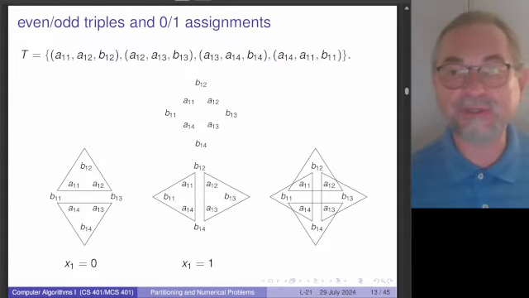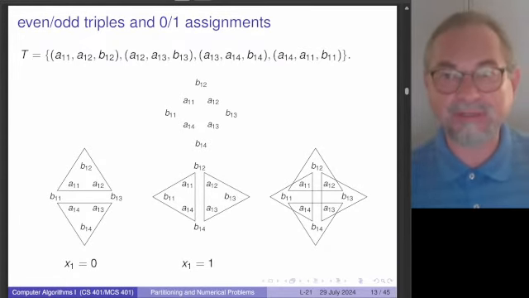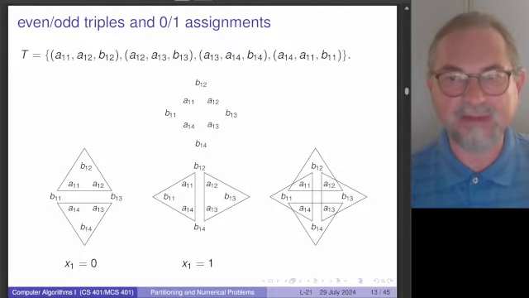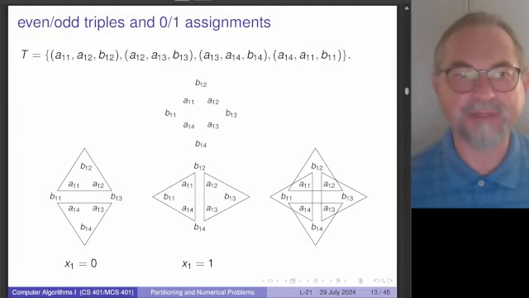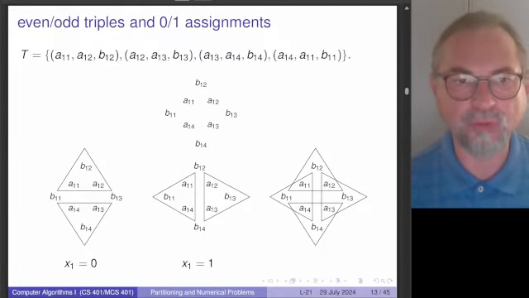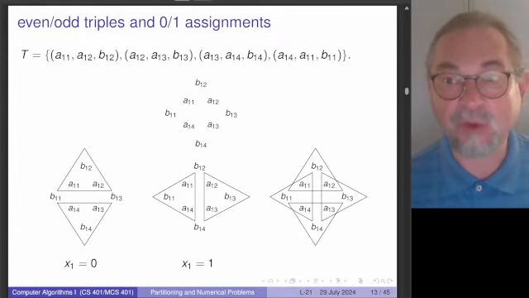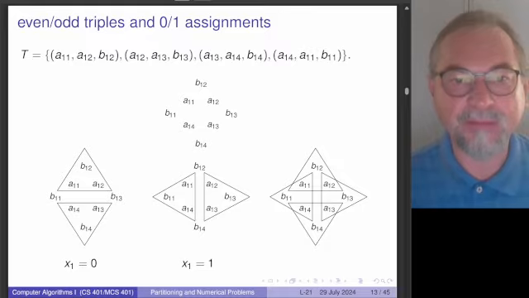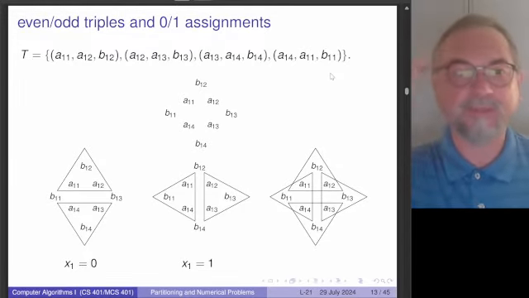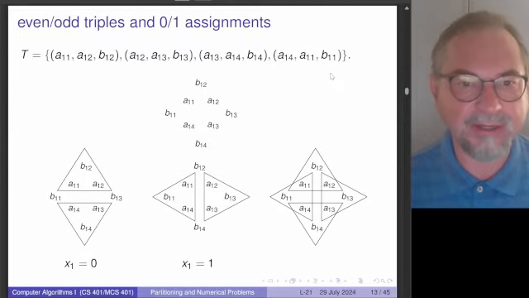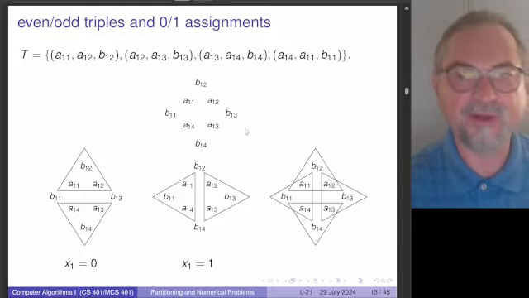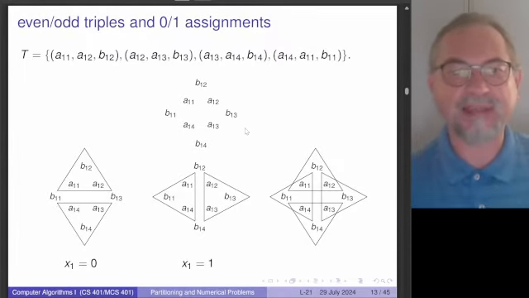We distinguish between triplets where the last element, the last index, is even. The first triplet ends in B12, 2 is even. That's thus an even triplet. The next one is an odd one because 3 is odd. Then we have an even one again with the 4, and then an odd one again. The labeling here happened clockwise, if we run over the tips of this gadget clockwise.